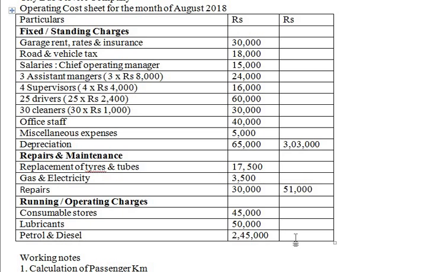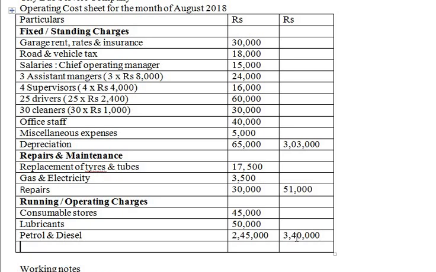Then make a total, and the total is 3,40,000. Now make a total of all these three. That is called total operating cost.